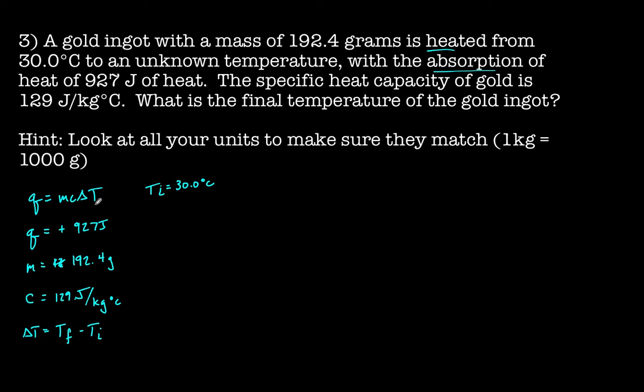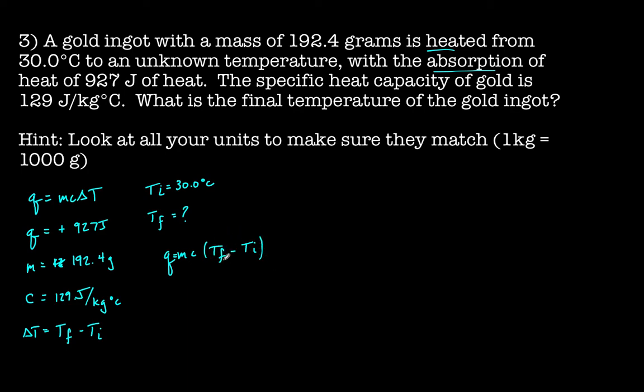Okay, so if we want to solve this problem, first off, let me show you this substitution that I'm talking about, because I want my temperature final to be my unknown. I'm going to write my equation Q equals M times C, and instead of delta T, I'm going to plug in TF minus TI.